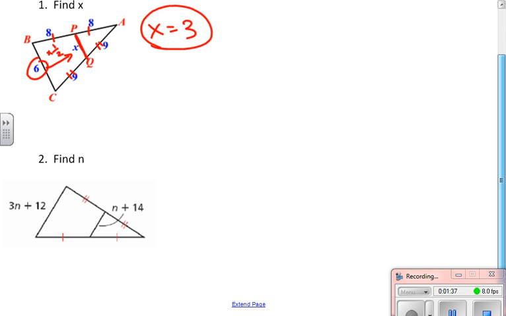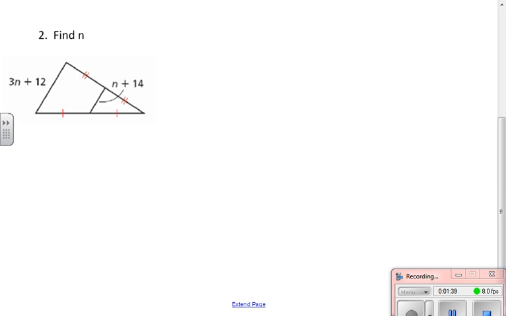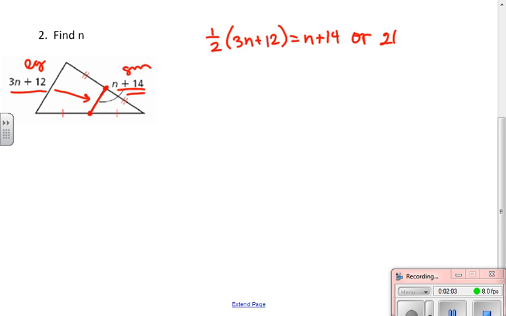If I look at this example down here, again, I'm clearly connecting midpoints. This is the large. Here is my smaller value. I know if I'm going to go this way, I either take 1/2 of 3n plus 12 is equal to n plus 14, half of the big equals the small, or 2 times the small equals the big.